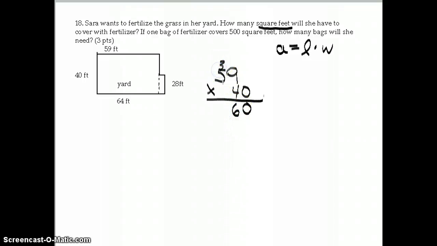Carry the 3. 5 times 4 is 20 plus 3 is 23. So that large part of the yard, essentially covered by this spot right over here, is 2,360 square feet.